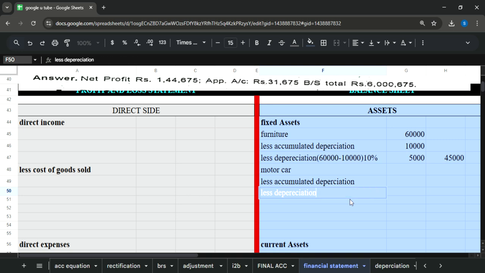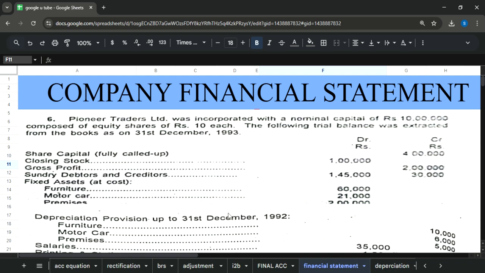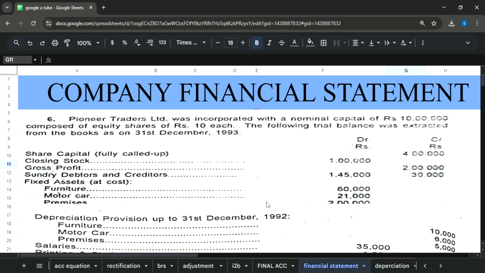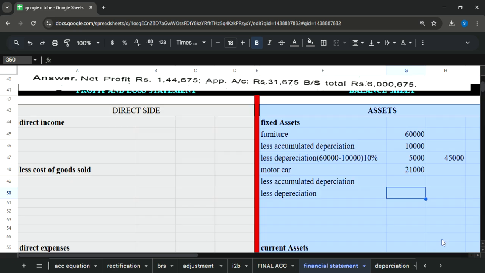So let's start. The amount of the motor car is 21,000. Here we will mention 21,000. Then we will see how much is the accumulated depreciation of the motor car, and that is 6,000 mentioned over here.